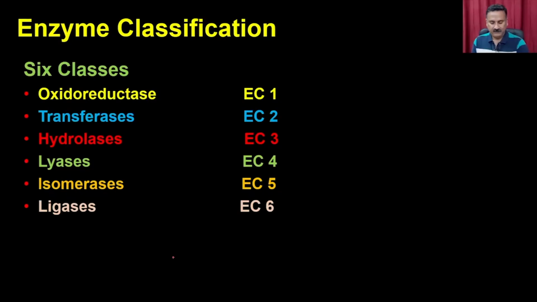In the current lecture, we are going to discuss more about enzyme classification and how enzymes are classified. Now let's move on to the next class, which is called the transferases, belonging to the group EC2.